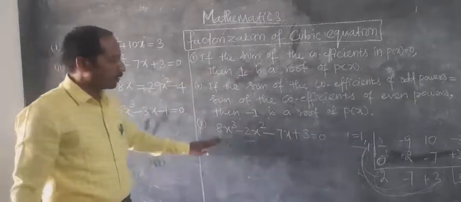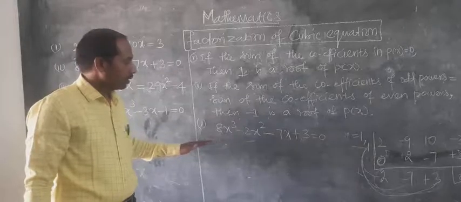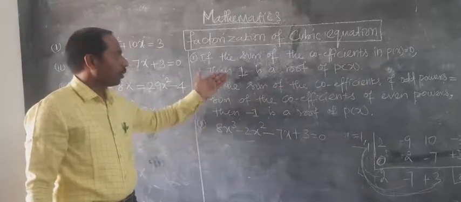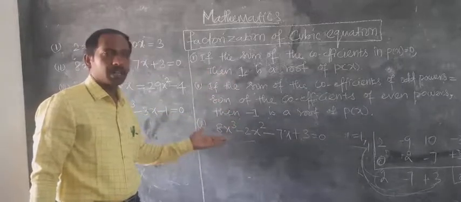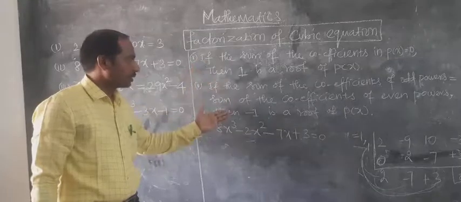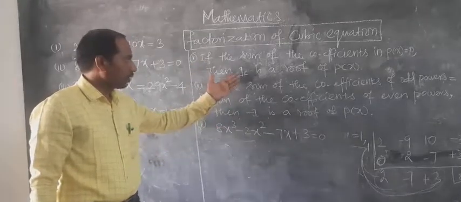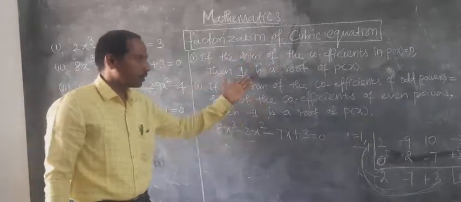Now you know very well what a cubic equation or cubic polynomial is. Then next step, what do you want to do? Just verify whether 1 or minus 1 is a root of this polynomial or not. So use the 2 points. If it is satisfied, you take any one. Suppose 1 is satisfied, meaning the sum of the coefficients is equal to 0, then 1 is the root.